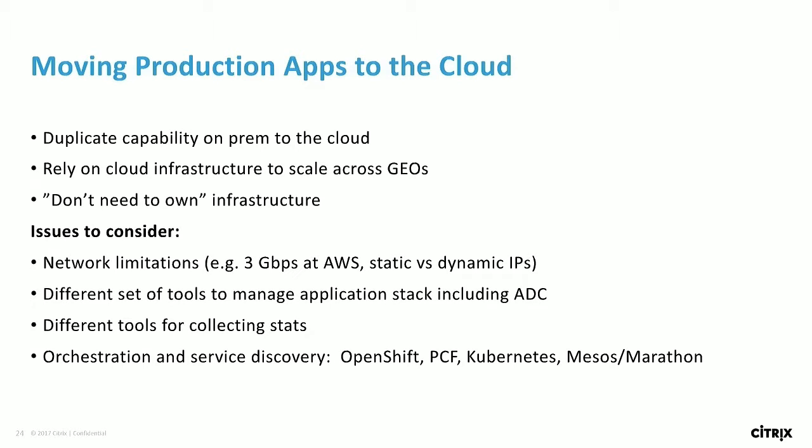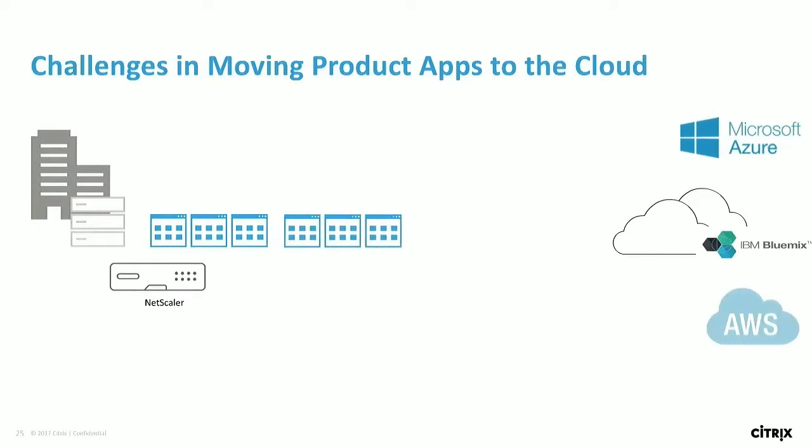There's a lot of popularity around PaaS platforms from Pivotal Cloud Foundry, which I say PCF, or from Red Hat OpenShift, as well as container-based platforms such as Kubernetes or Mesos and Marathon from the Apache Foundation, or the supported versions from Mesosphere. So these are the things to think about when you're building this infrastructure.